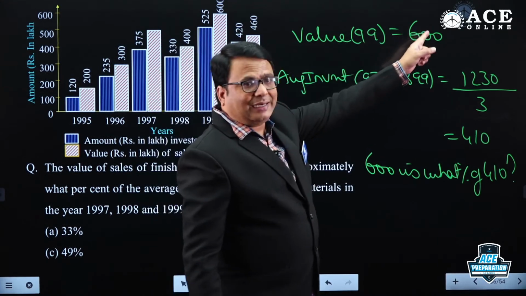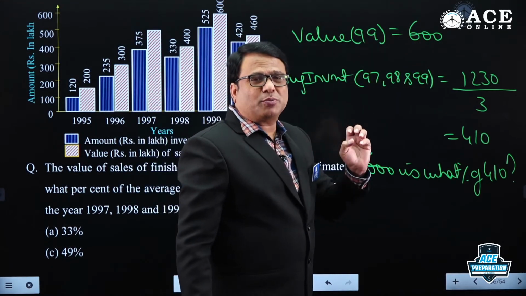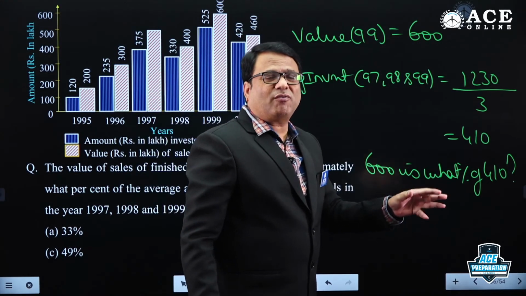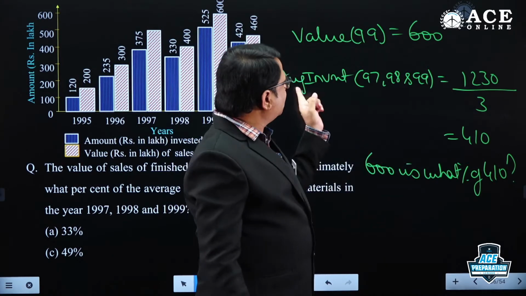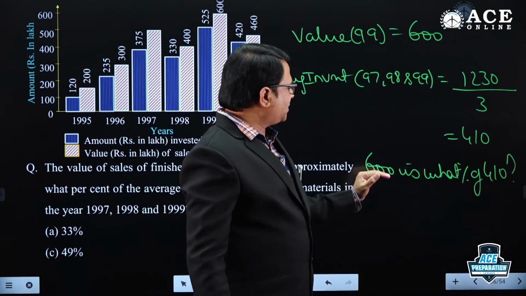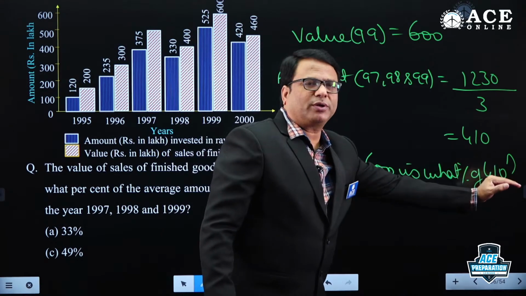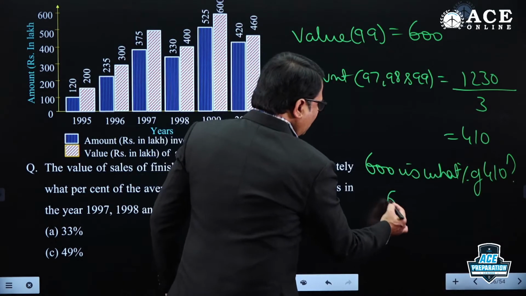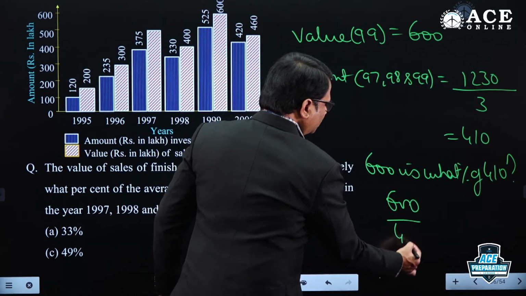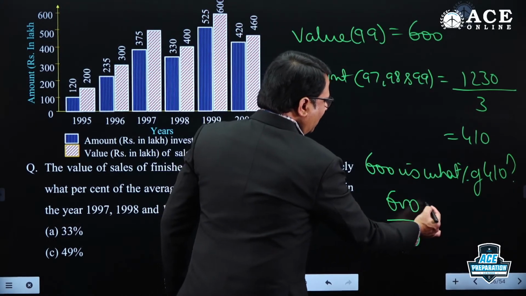Value in 1999 is approximately what percentage of average investment in these 3 years? That means 600 is what percent of 410? Now 600 by 410 into 100.